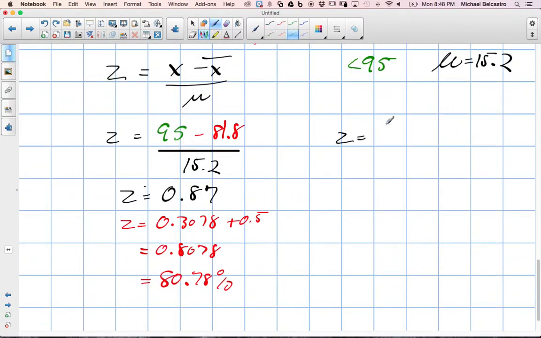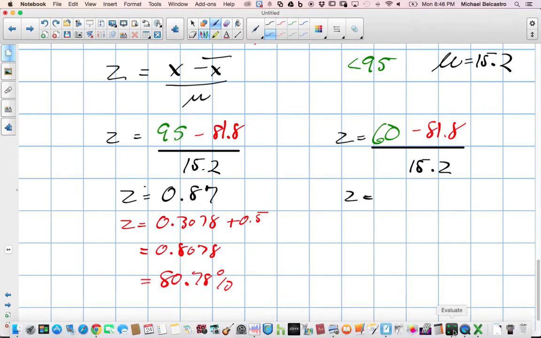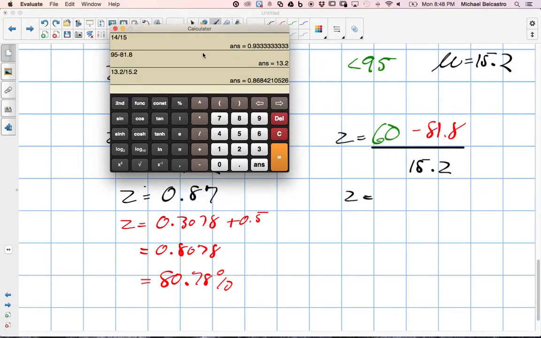We have 60 minus 81.8 divided by our 15.2. So we've got to figure out what our z-score is with our calculator, and then we go check our chart. So we have 60 subtract 81.8 equals, okay, and divide by 15.2.